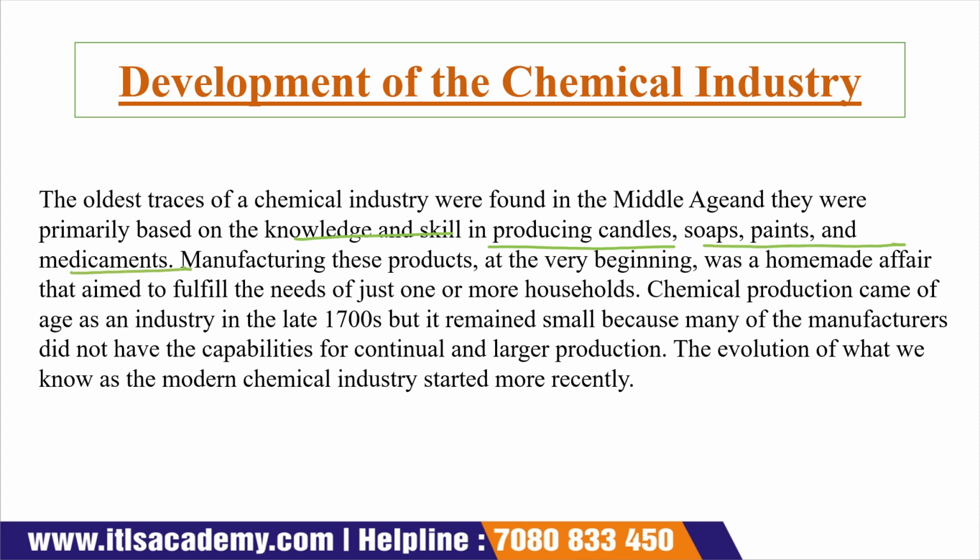Manufacturing these products was started at the very beginning as a homemade affair, fulfilling the needs of more than one household. Chemical production as an industry base started in the late 70s.